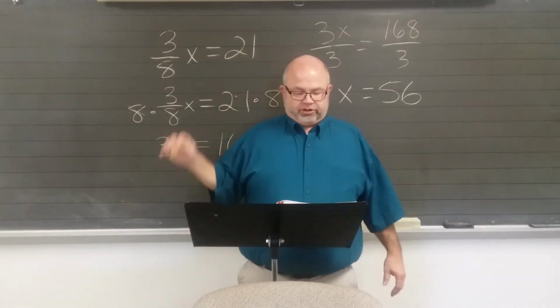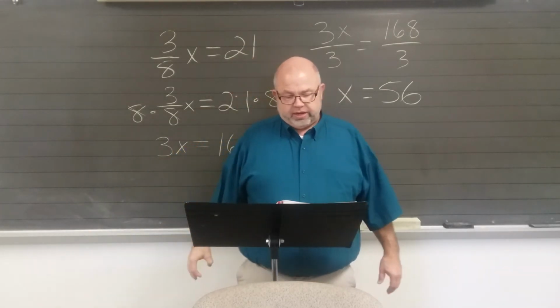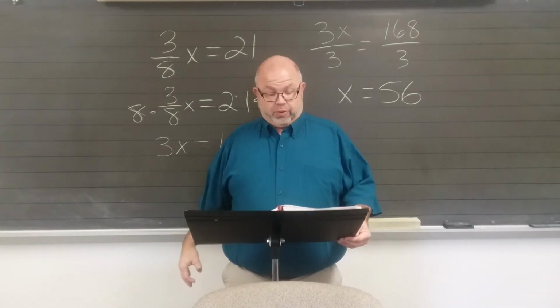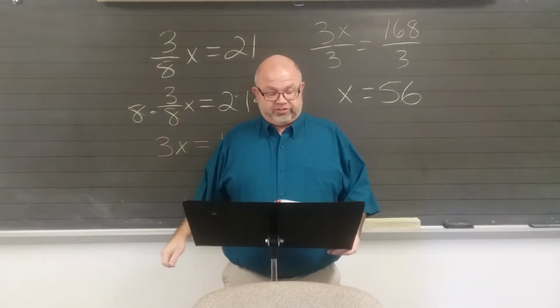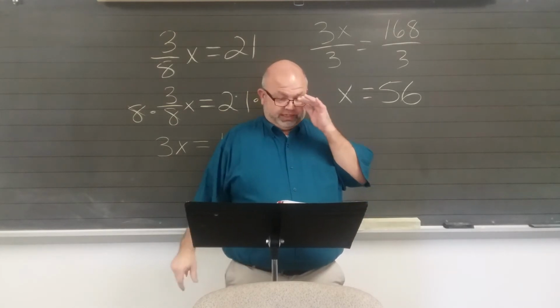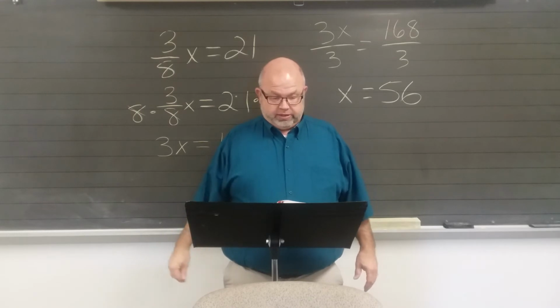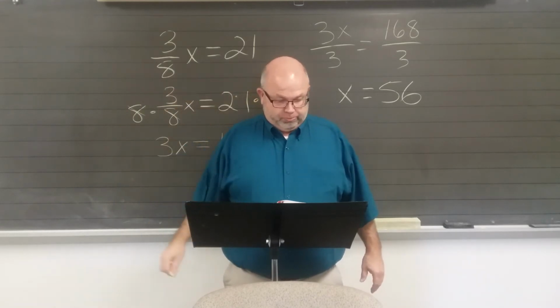Number 11, I'm just going to quickly give these answers. Make sure that you have them right. If you don't have them right, figure out what's going on. I have a couple videos on this, so check it out, please. One of the first math videos talks about, I showed you on the board how to do this.